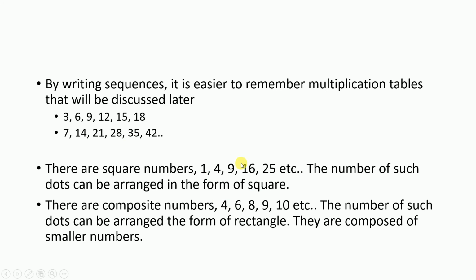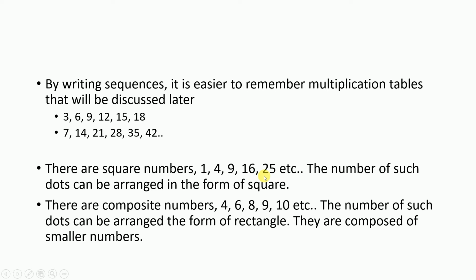We have square numbers. Square number means you multiply a number with itself. Take number 2. You multiply 2 with itself, you get 4. Take 3. 3 into 3, 9. 4 into 4, 16. 5 into 5, 25. 6 into 6, 36. So these 1, 4, 9, 16, 25 are square numbers.